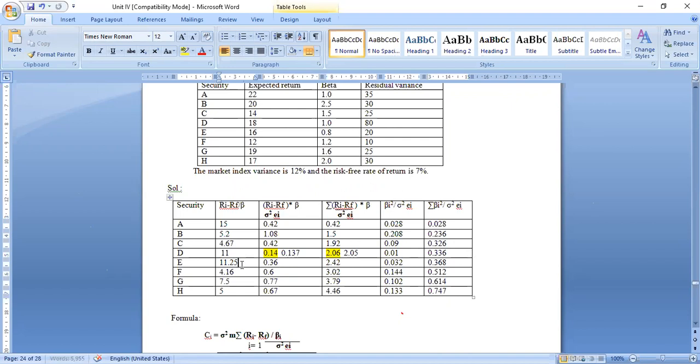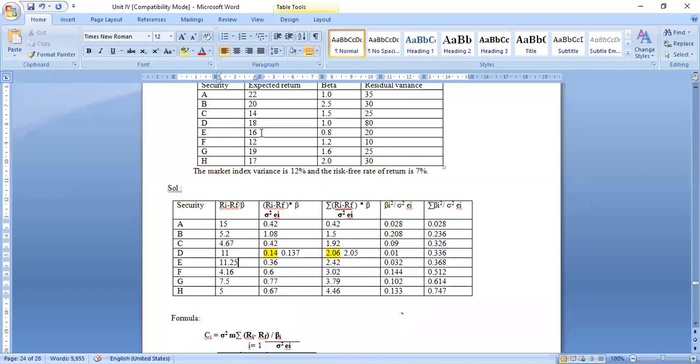Okay. In the same way, you're going to calculate for security E, that is 16 minus 7 divided by 0.8, which will give you 11.25. Next, 12 minus 7 divided by 1.2 will give you 4.1666, or you can take it as 4.17 also.